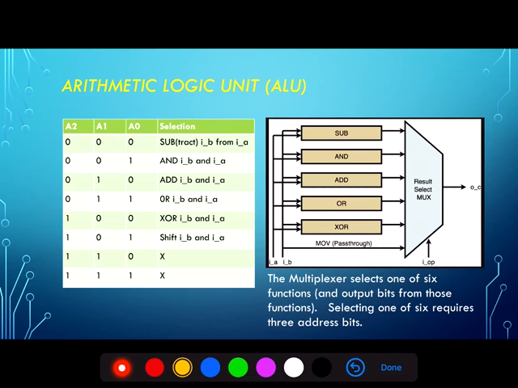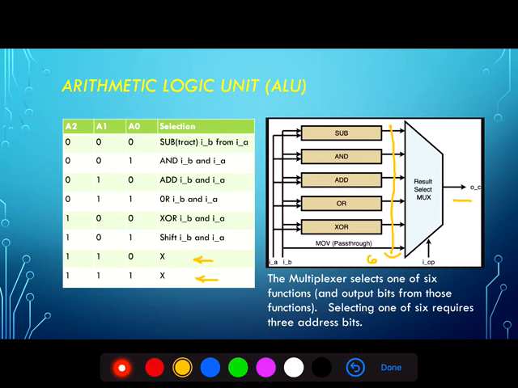In the multiplexer, the input bits A2, A1, and A0 will select one of 8 inputs to send to the output. Now in our ALU, we only have 6 possible functions or inputs here, so our last 2 possibilities will be don't cares because we'll never select those inputs.